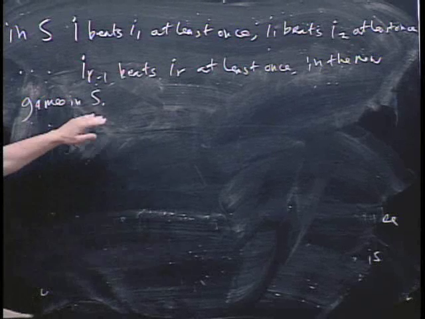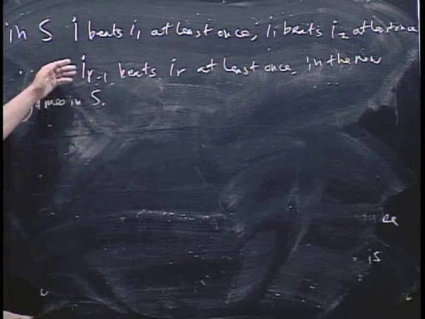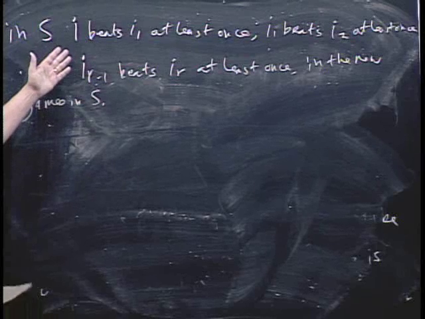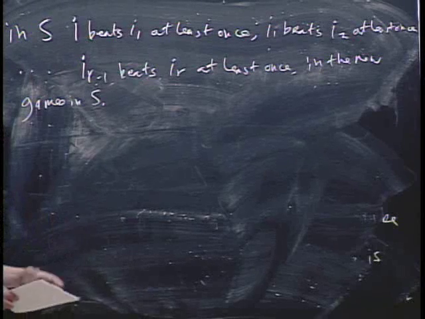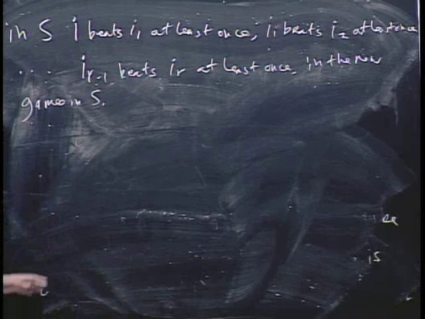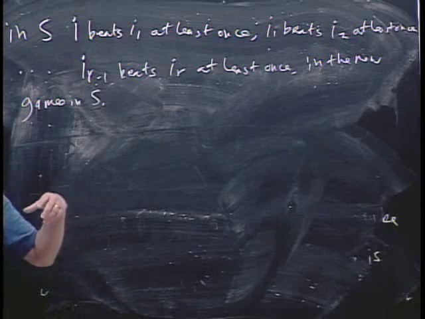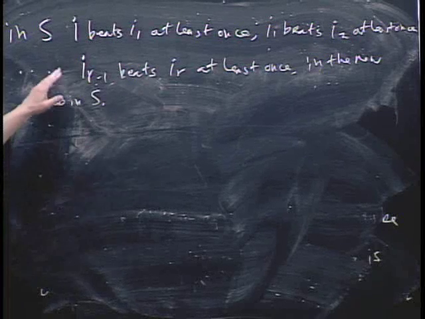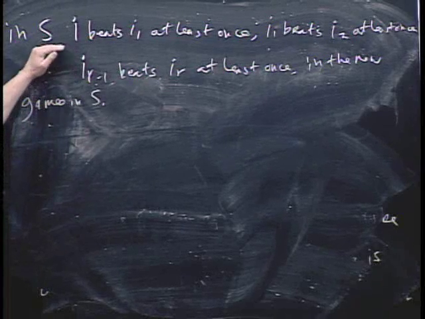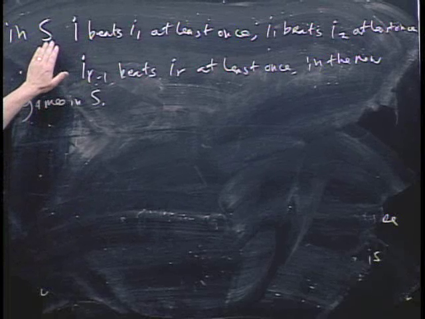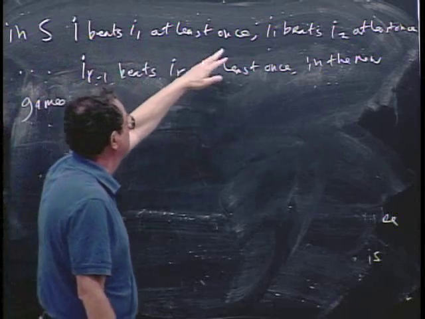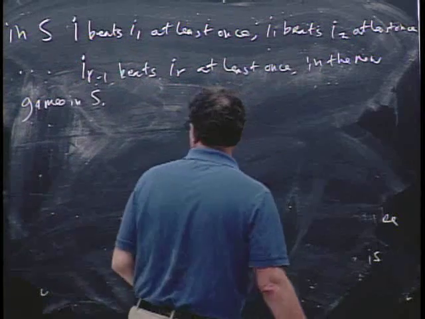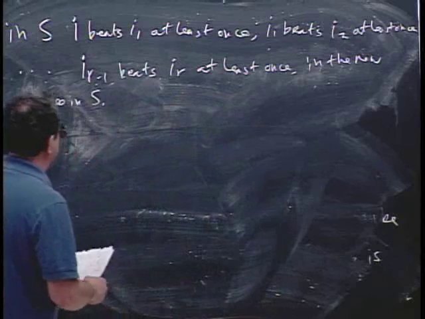But in the scenario S, which is, after all, a description of, and we're talking about baseball here, so each game is either a win or a loss. Here we're saying, in the win-loss record under scenario S, I beats I1 at least once, I1 beats I2 at least once, and so on. Okay, and that's what reachable means.